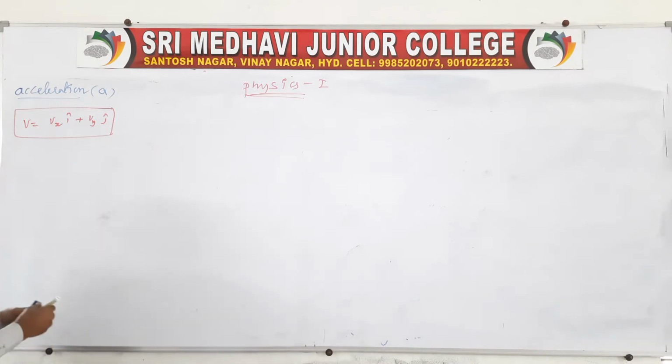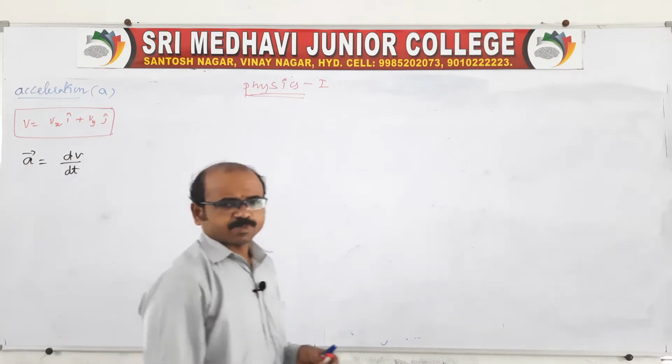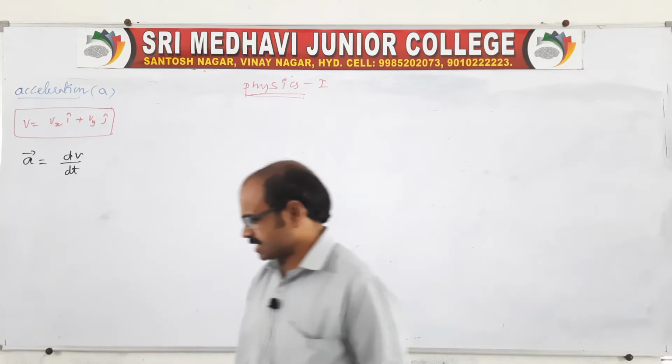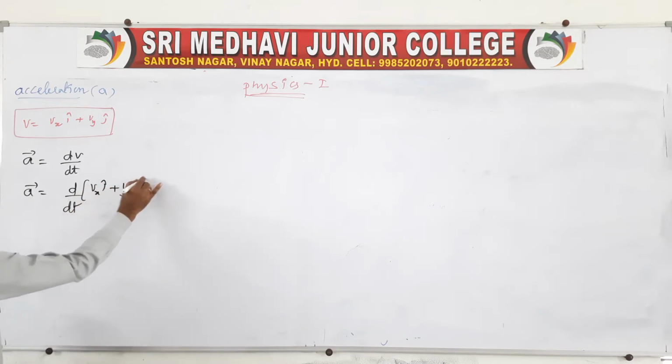Therefore, for acceleration, we know it is the rate of change of velocity, that is, the velocity changes with respect to time. Here v is given as vx i plus vy j. So you write a bar is equal to d by dt of vx i cap plus vy j cap.